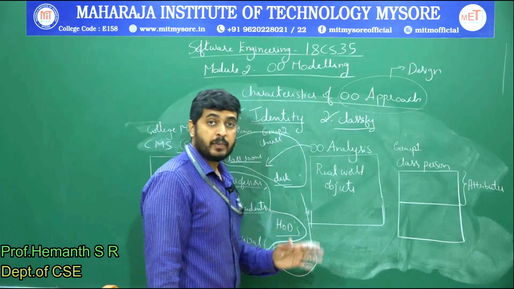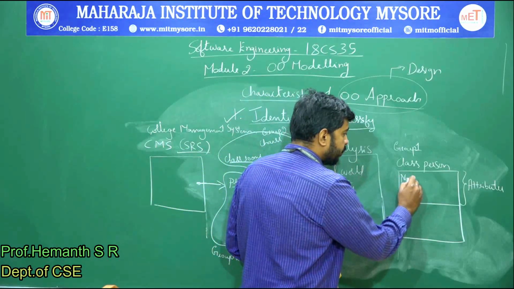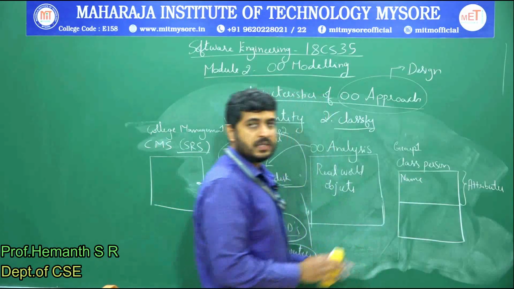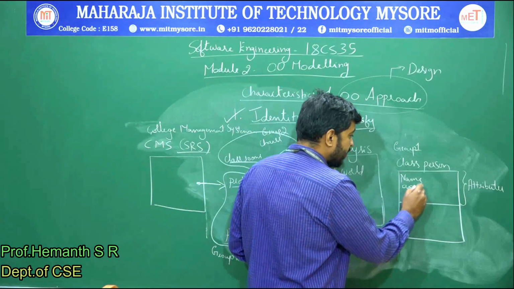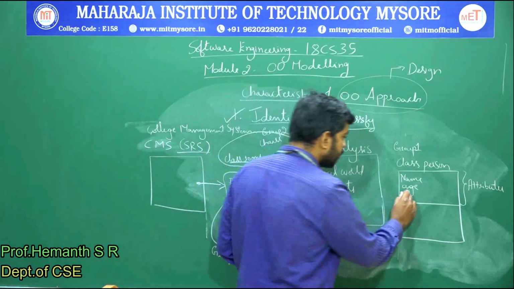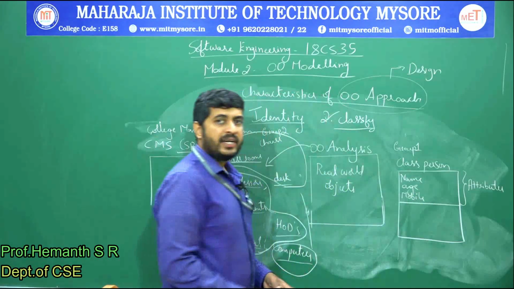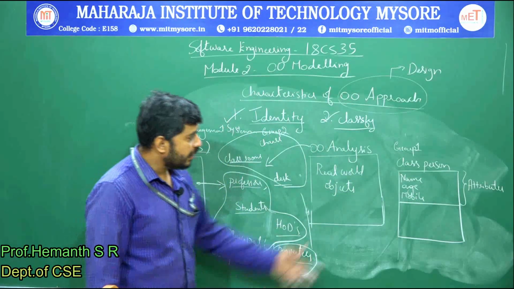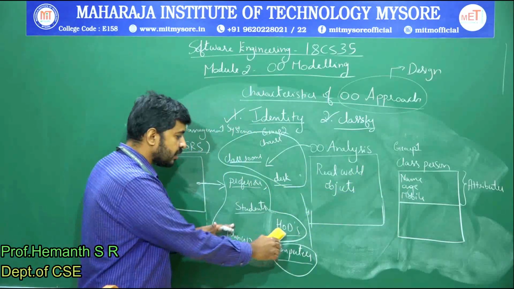They will have a name. Definitely they will belong to a specific age, so they will have an age. They may have a mobile number. So the point here is, attributes are something that is common to all the entities here.